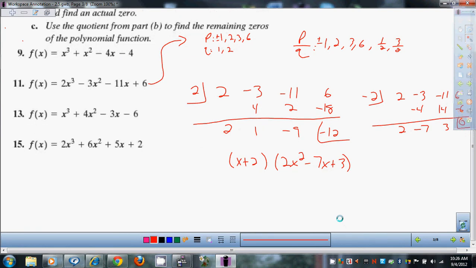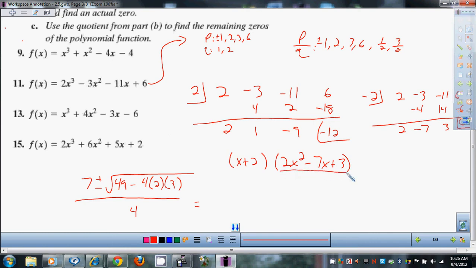All right, so quadratic formula. Negative b plus or minus the square root of b squared minus 4ac all over 2a. That's just this function here in the quadratic formula. 7 plus or minus the square root of 49 minus 24.